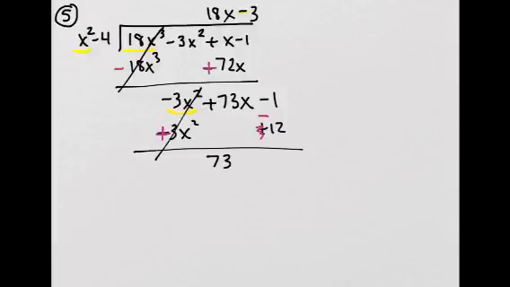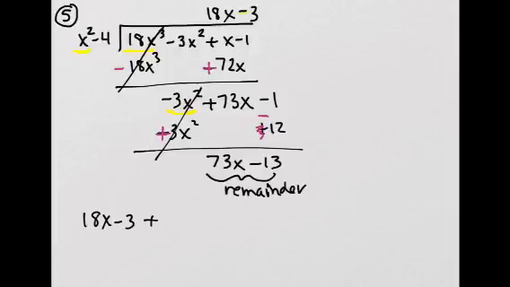Bring down the 73x, and negative 12 minus 1 is negative 13. So this becomes a remainder. Okay, so the answer is the quotient, which is 18x minus 3, plus the remainder over the divisor.